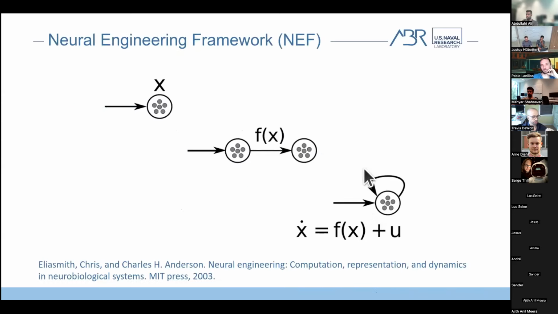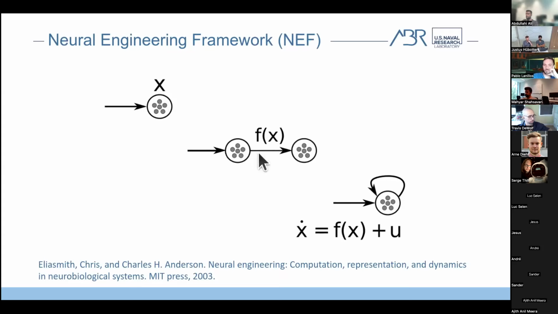On the NEF side of things, I'll just explain the NEF very quickly and superficially. It is essentially an analytic method where we use population decoding, and it's based on three principles. We take a population of neurons, and those neurons are going to represent a vector in vector space.